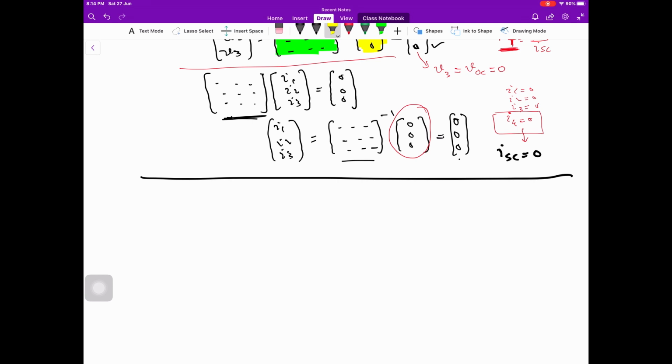Now we select another example. In this example, we will see that we have independent sources and we have dependent sources in a circuit.